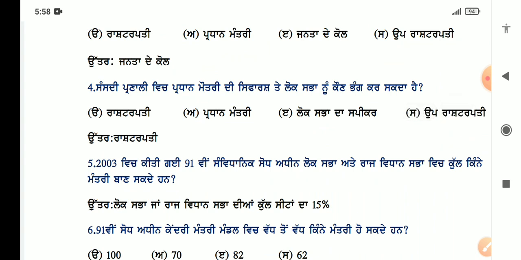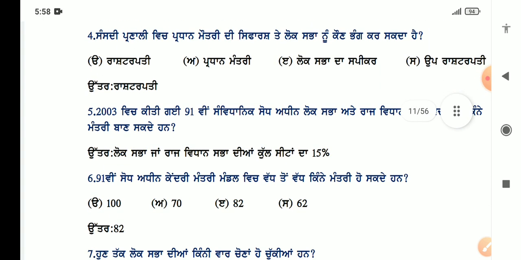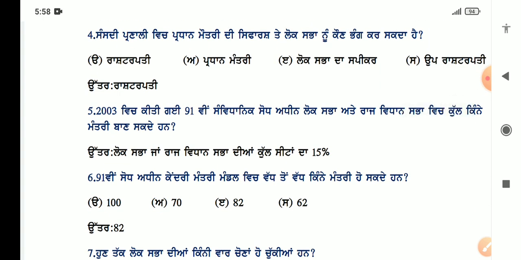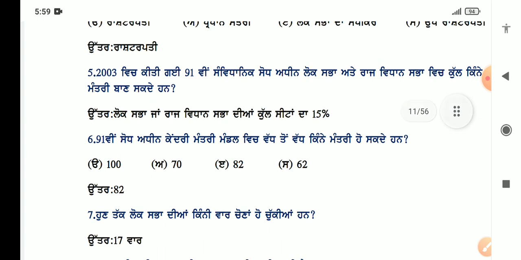Who can dissolve Lok Sabha, as per the advice of the Prime Minister? President. In 2003, the 91st constitutional amendment was made.